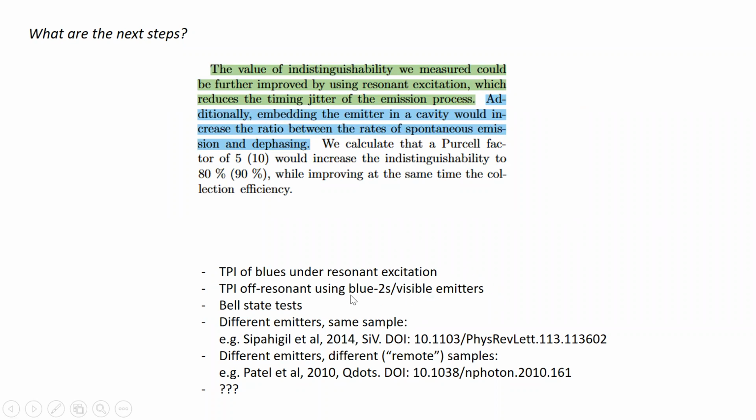And once we can do that, there are some other things like doing tests. And then further down the line, if you really want to retrace what's been done with other solid state platforms, we could do, for example, instead of using the same single photon emitter with this delay line, we could use two different emitters on the same sample.